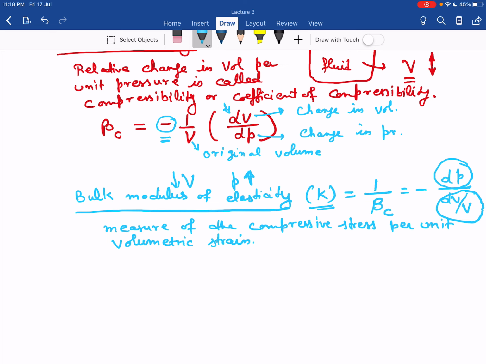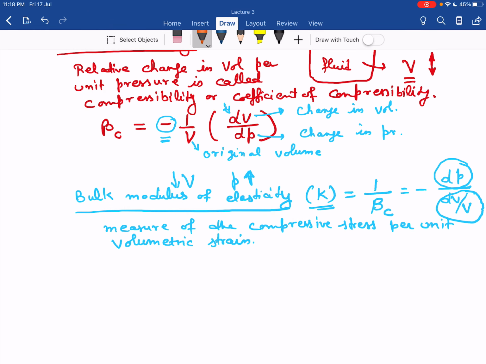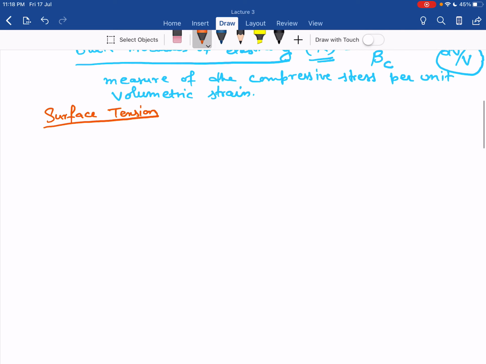Then the next property of fluid is the surface tension. So this we denote by sigma. Now say we have, this is the top liquid surface.